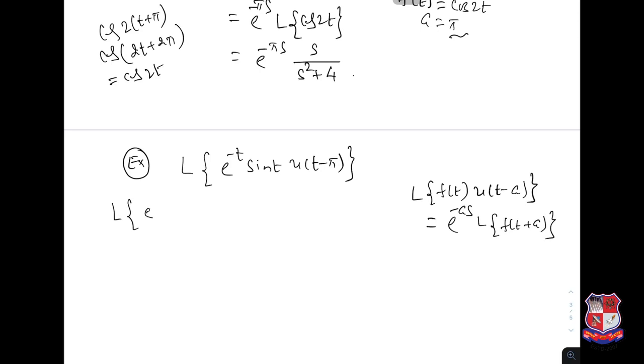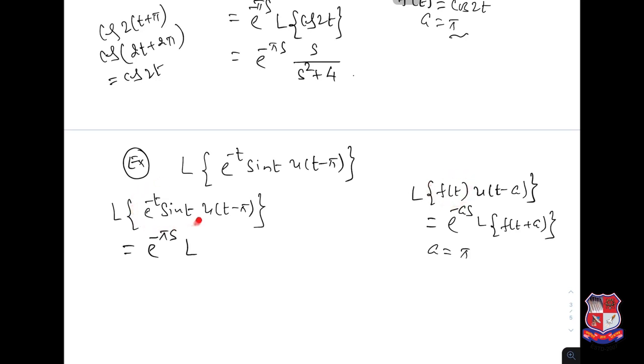Laplace transformation of e power minus t sin t u of t minus pi, that is equal to, now what is a here? A is pi. So this is equal to e power minus pi s, and Laplace transformation of what is f of t?